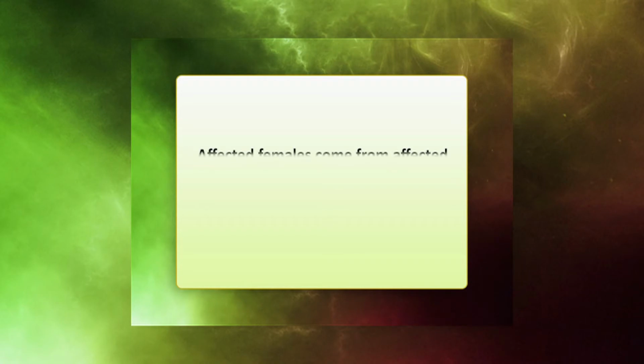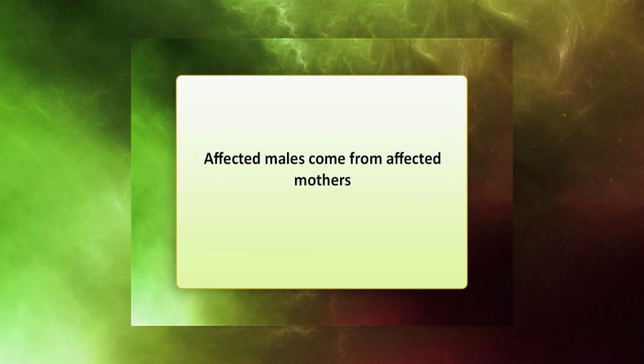Now, patterns of X-linked dominant inheritance. It's more frequently found in females than in males. Affected females come from affected mothers or fathers. Affected males come from affected mothers. Approximately half of the children of an affected heterozygote female are affected.